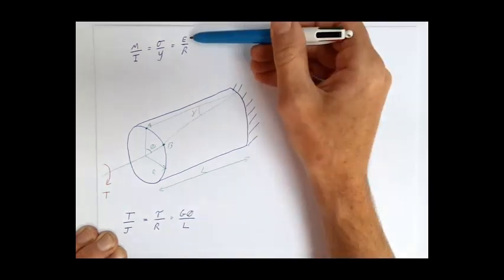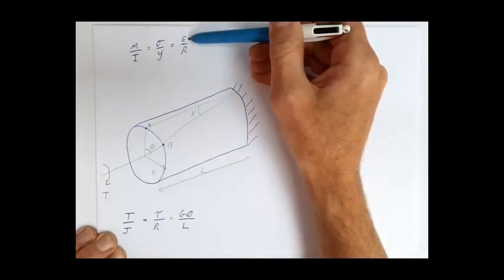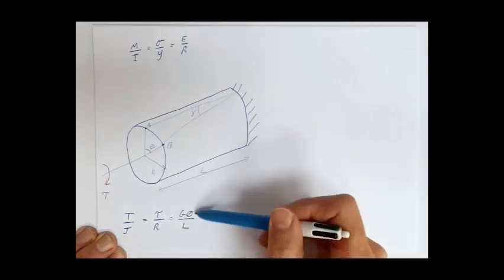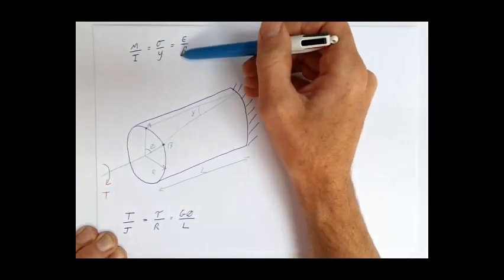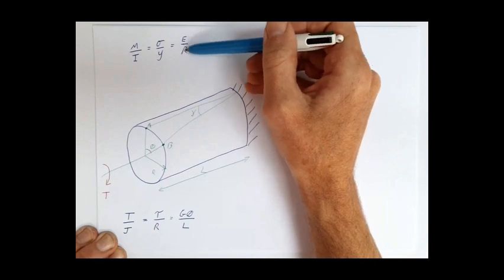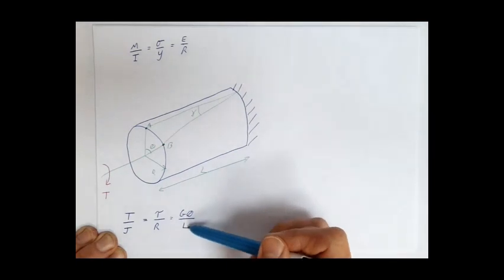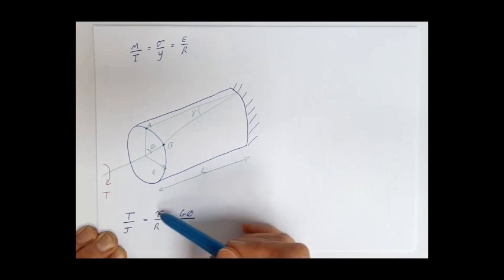So Young's modulus is the stiffness in tension and compression, the direct stiffness, and G is the stiffness in shear. Theta is our angle that we move through. When talking about bending, we talked about the radius of curvature. Instead, we now refer to the length of the shaft that we're twisting. So T over J equals tau over R equals G theta over L.